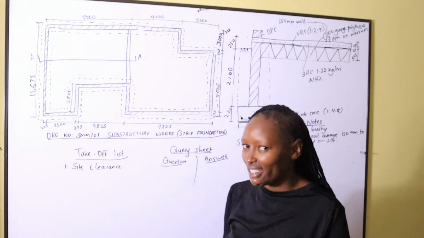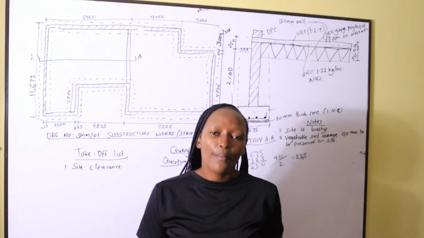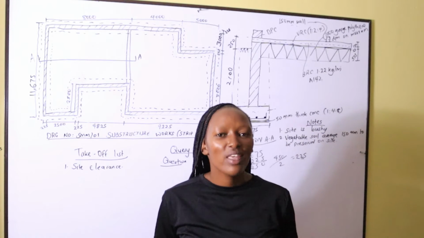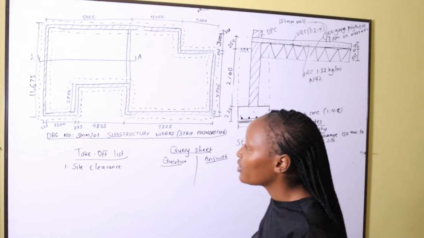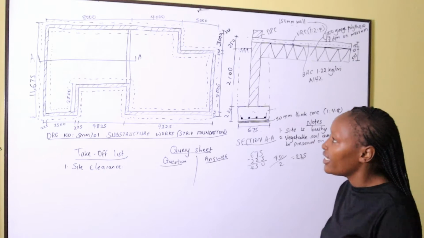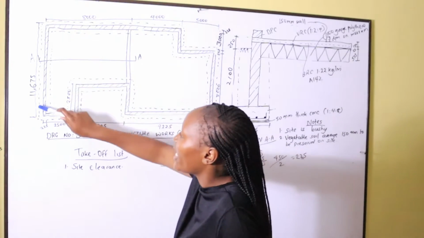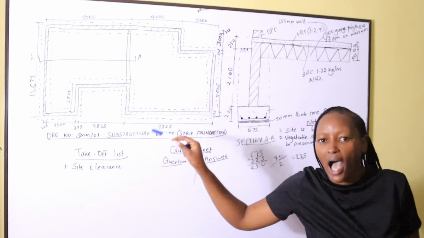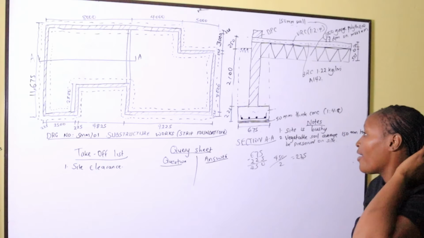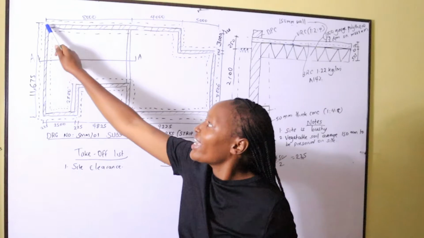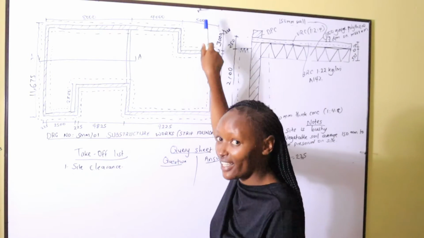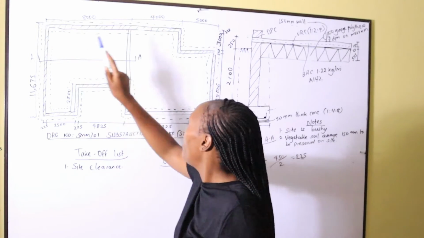When we are measuring site clearance, I repeat, we usually measure the area of the external walls of the trench. The external walls of the trench are usually the one symbolized by a broken line outside the wall of the house. All right, so how we measure the external walls of the trench, we shall take the external dimensions of the building plus the foundation spread both sides.